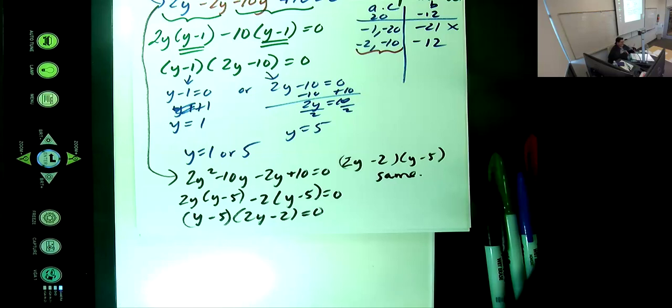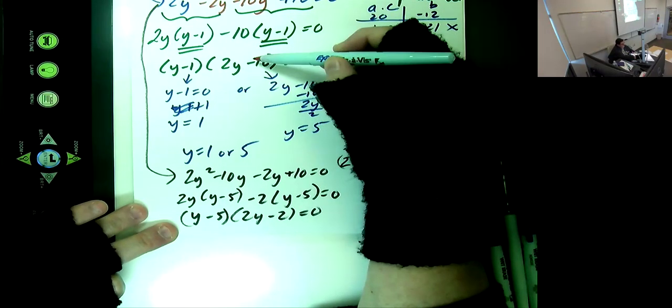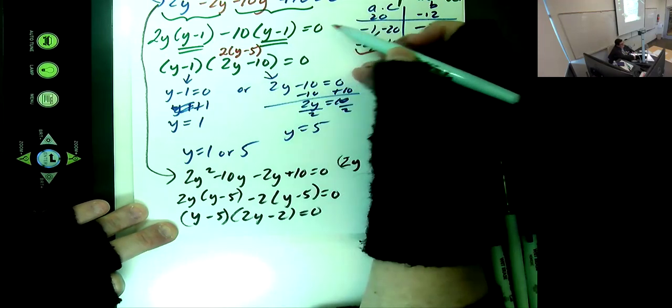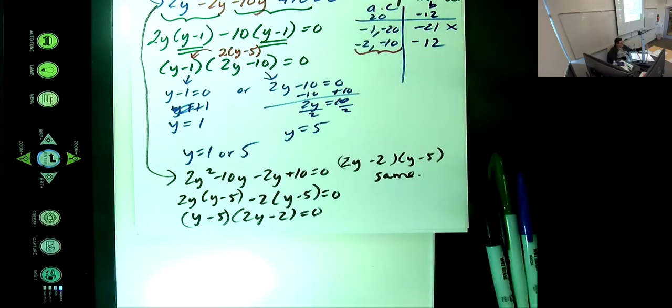The other thing is that's the same as seeing that this is divisible by 2, factoring out a 2, this is really 2 times y minus 5, and moving the 2 over here. If we had divided by 2 in the beginning, we would have just had y minus 1 and y minus 5, and it would have been a lot easier. But not every number is evenly divisible.